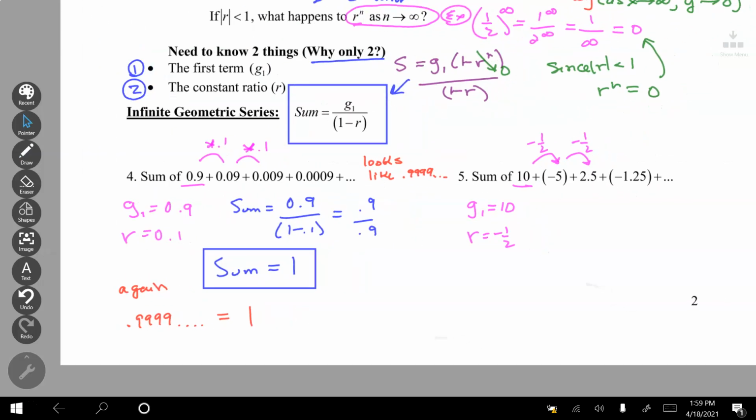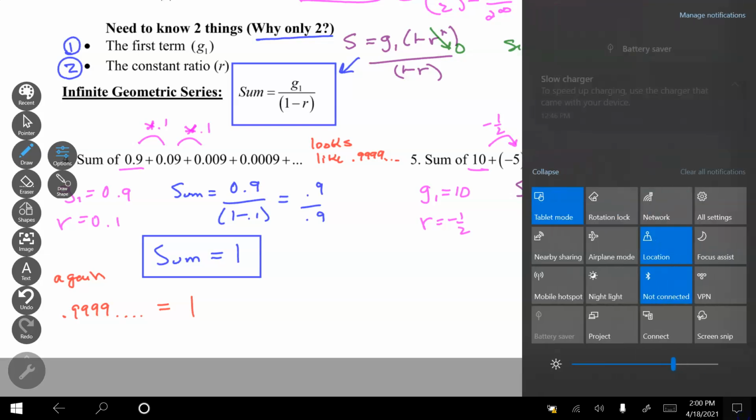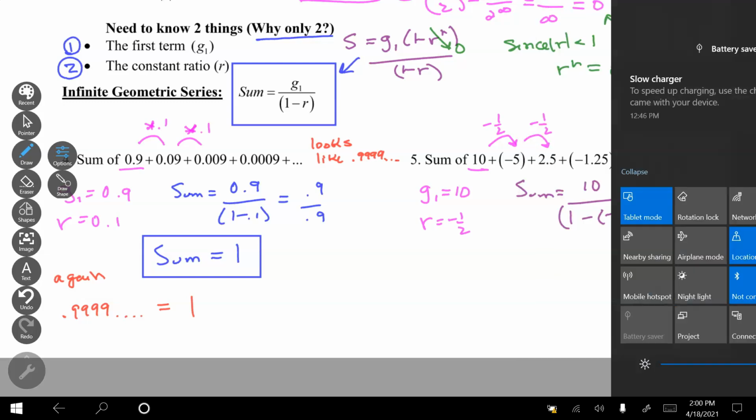So I'm going to move this over just a little bit. And I'm going to use my special formula. My sum is equal to 10 over 1 minus -1/2. Parentheses around anything negative. So, oops.